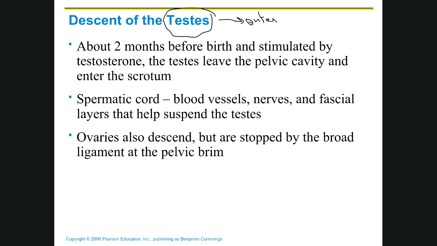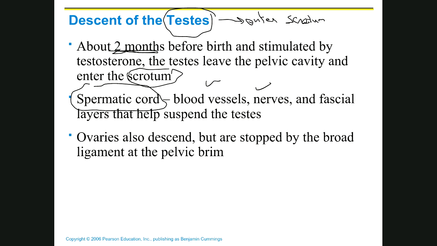And it takes place over the time of pregnancy, but they don't enter the scrotum until right around the time of birth. And so generally about 2 months before birth, they're moving, and they're going to leave the pelvic cavity and enter the scrotum. Remember, not only is the testes going to go, but so are blood vessels, so are nerves, muscles, all of that, and that forms a spermatic cord.